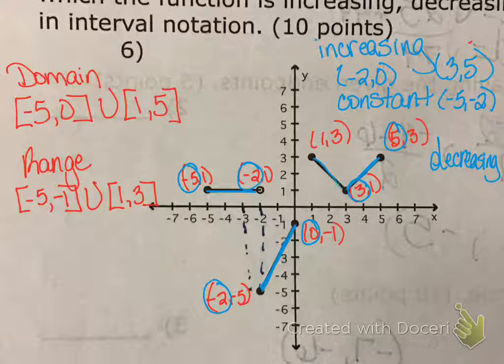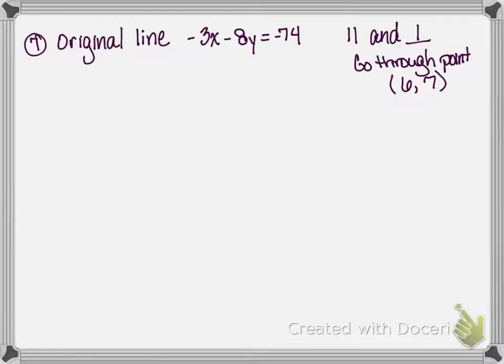And it's right here from 1 to 3. Okay, and I know this one kind of caused some confusion for everybody. So I'm glad that we're able to talk about that one right now. Questions on this one? No. Good, good. Okay, number 7.